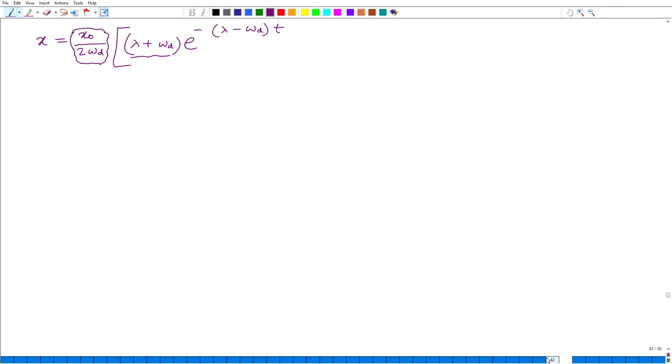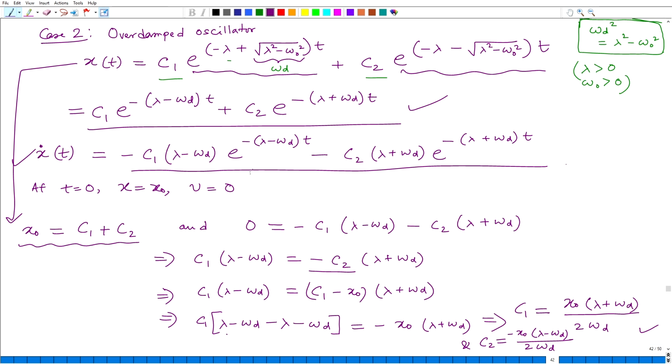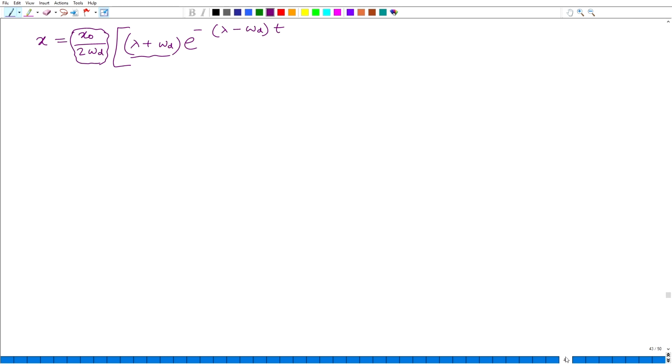If you just follow this one, and then you will have minus (lambda minus omega d) e to the minus (lambda plus omega d) times t. And similarly, you have for velocity or the speed the same thing in 1D.